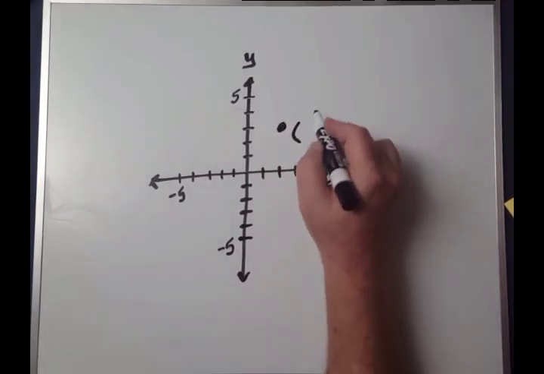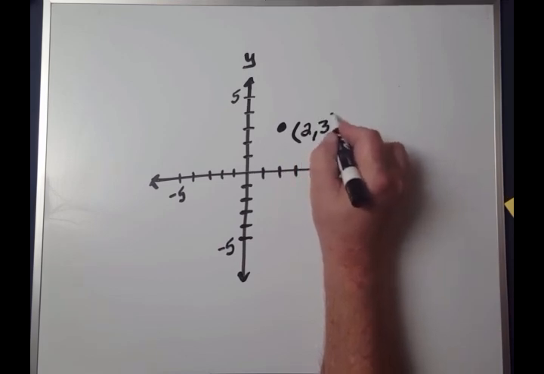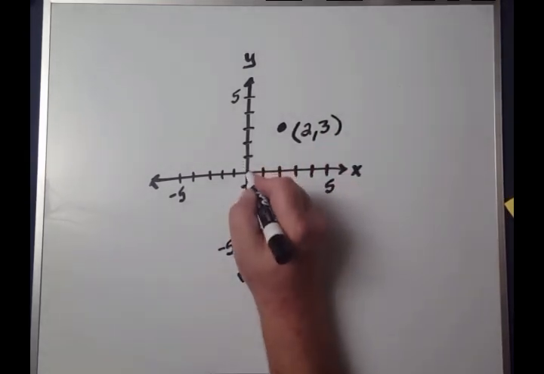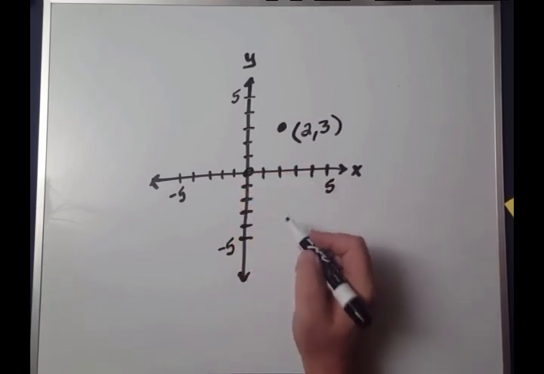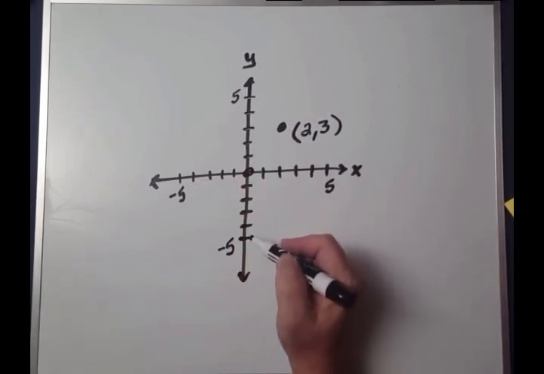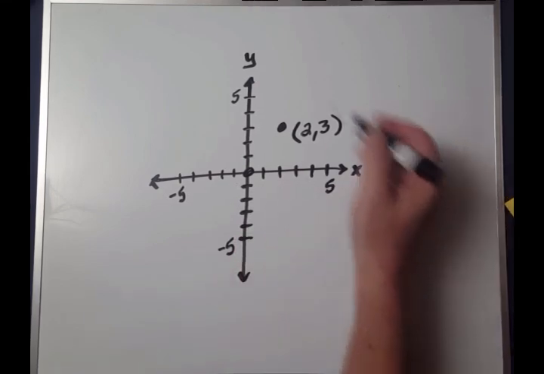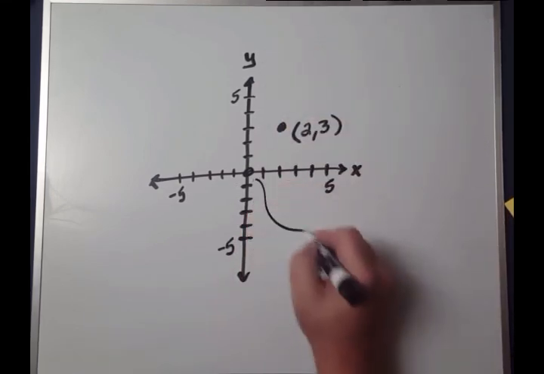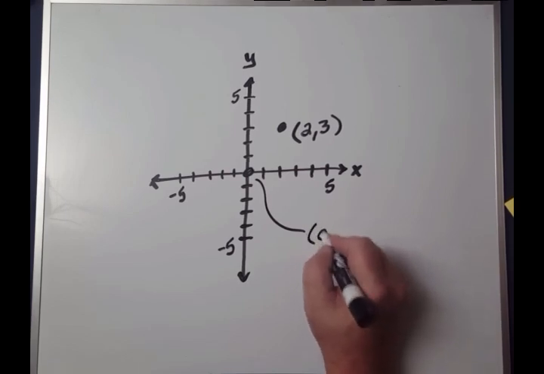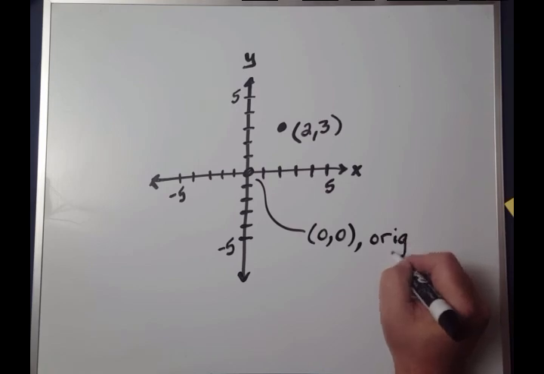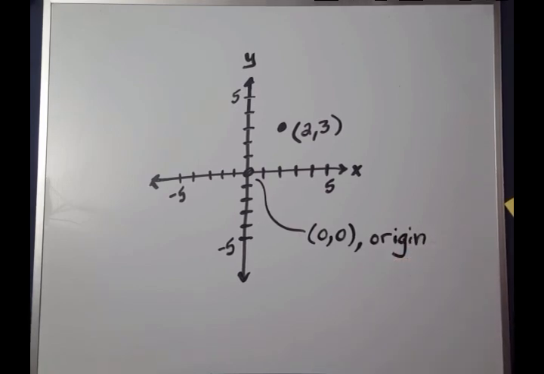Here's the point that represents the ordered pair 2, 3. The number lines are called the axes. This is the x-axis, there's the y-axis. This point where they cross is 0, 0, and it is called the origin.